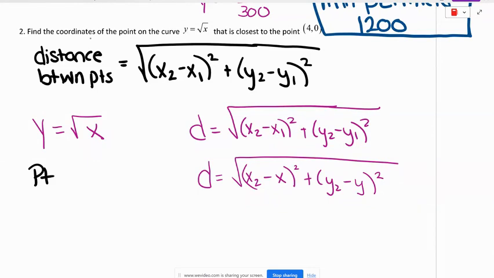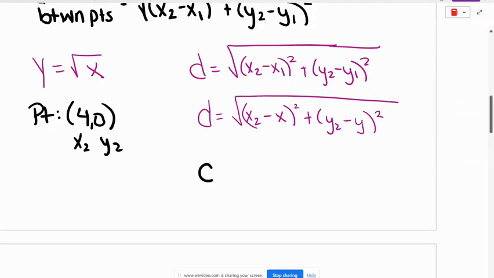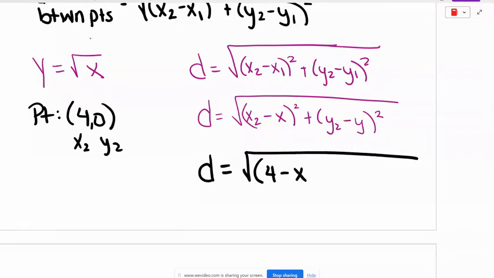The point we're trying to be closest to is (4, 0). So I'm going to call this x2 and y2. So D will equal the root of (4 minus x) quantity squared plus (0 minus y) quantity squared.